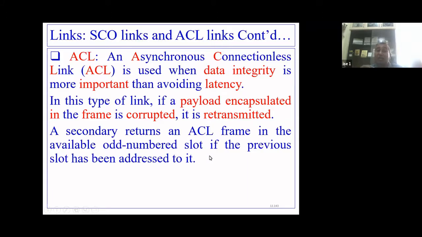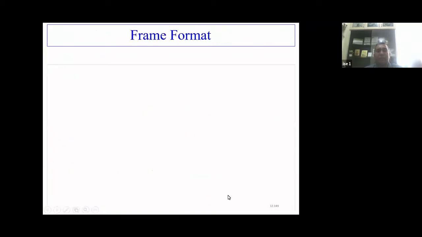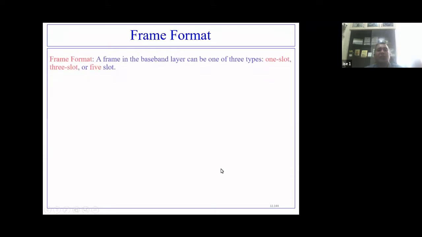There the slots were reserved in SCO, but here the slots are not reserved; in odd number slots, a secondary will send an ACL frame, right? So ACL can use 1, 3 or more slots and achieve a maximum data rate of 721 kbps, right?